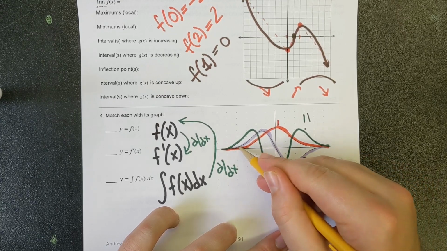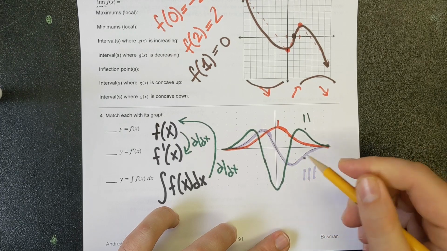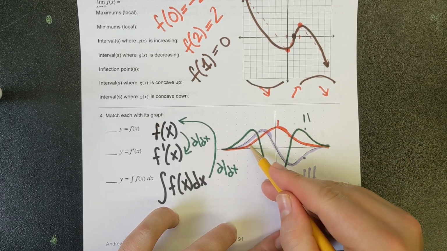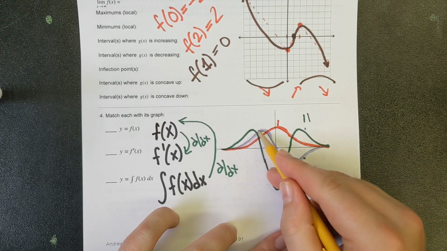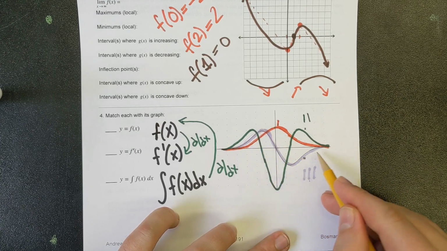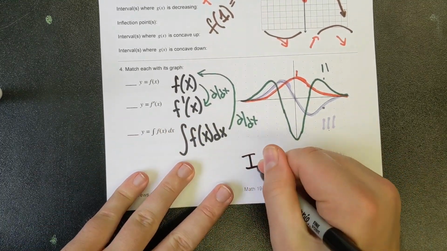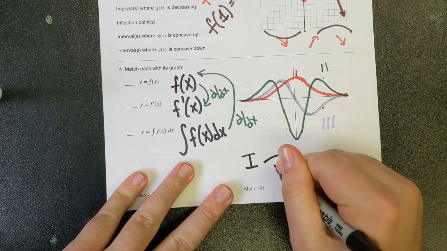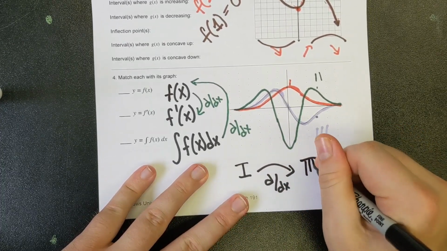So this yellow function is increasing, maximum, decreasing, which means its derivative is positive, 0, negative. I'm going to guess that function 1 has as its derivative function 3.